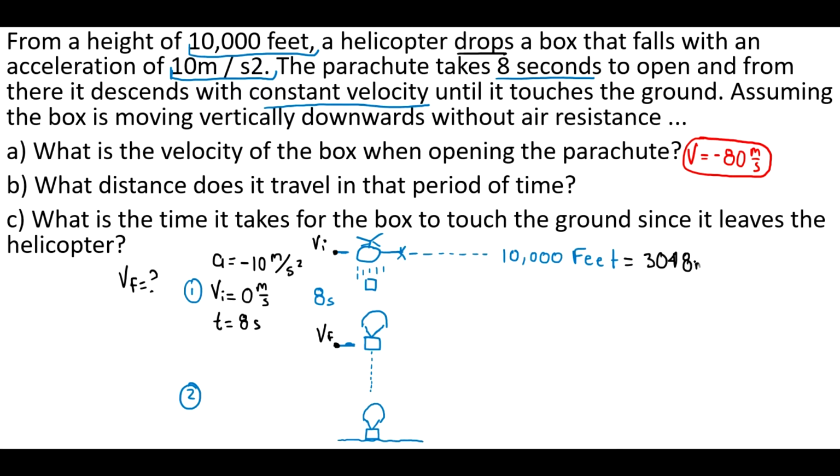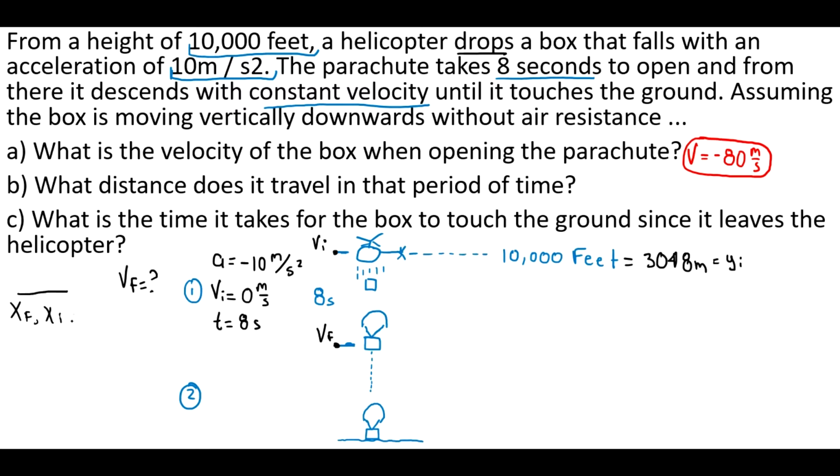3,048 meters. Okay, so one thing that I like to consider is that the moment the motion began, to me, that is the initial position. To me, the initial position is at 3,048 meters. If you see, I'm using the letter Y. Remember that for the equation of final position, we used final position and initial position because we were working with the horizontal axis.